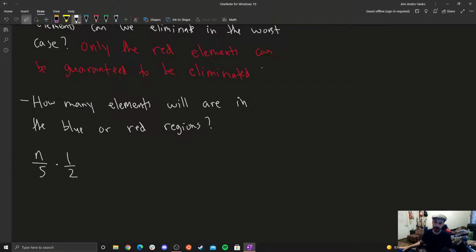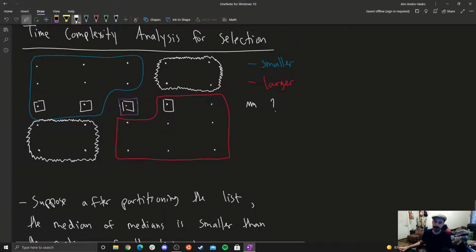And going back up once again, in each region, whichever region gets eliminated, whether it's the blue or red, we're going to have 3 elements in each region that gets removed. Because really we can think of it as, we're going to eliminate the median of medians as well. No matter whether we pick the left or right side, this gets eliminated. So that means we're going to have 3 elements in each block that gets eliminated.